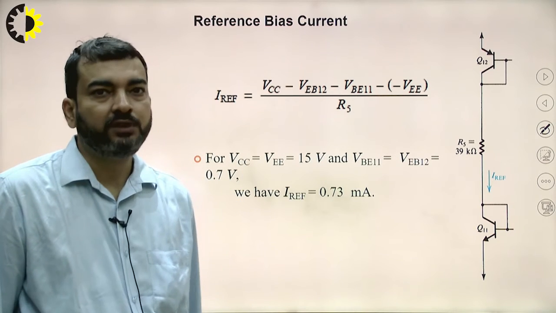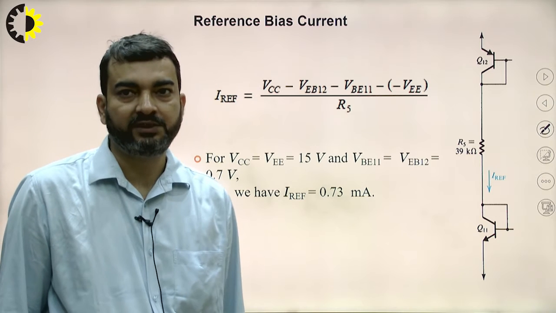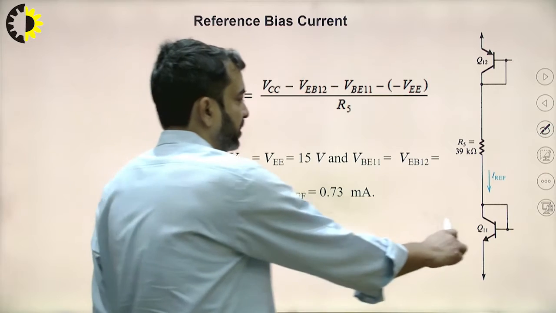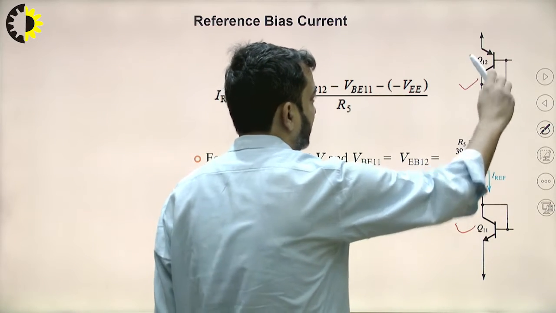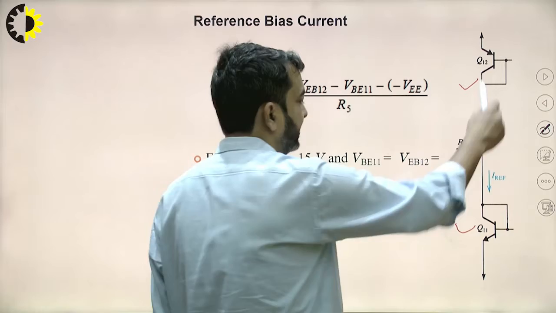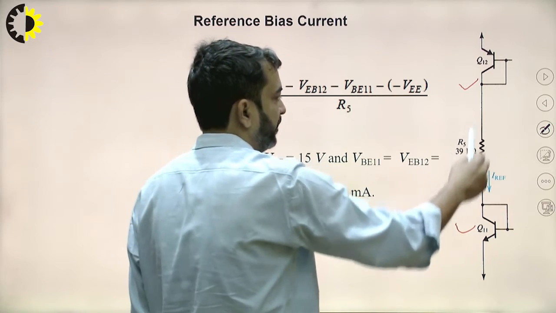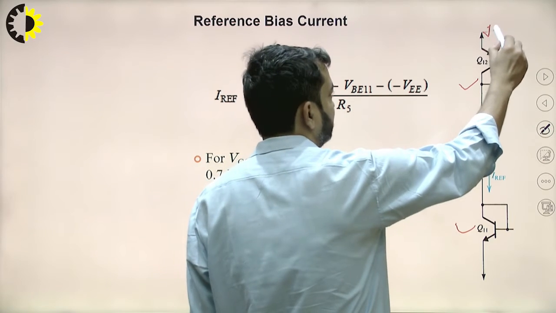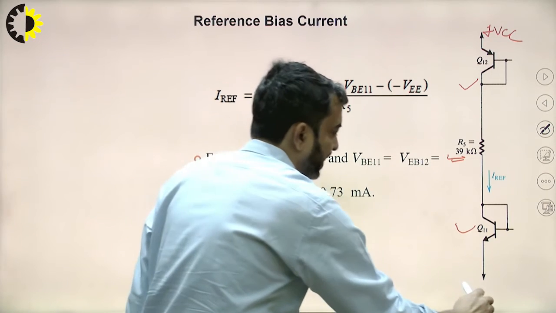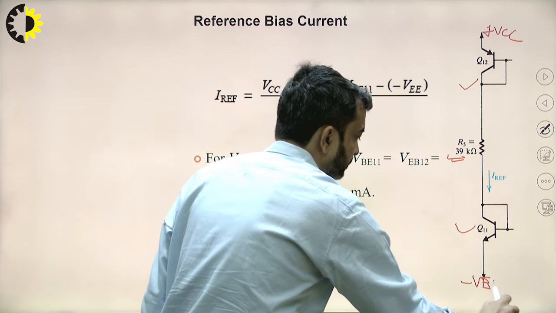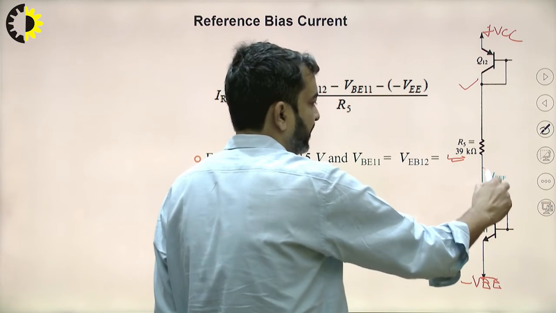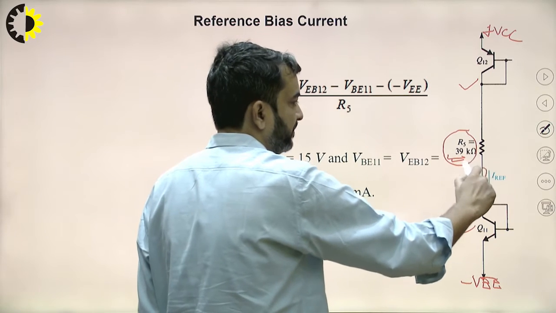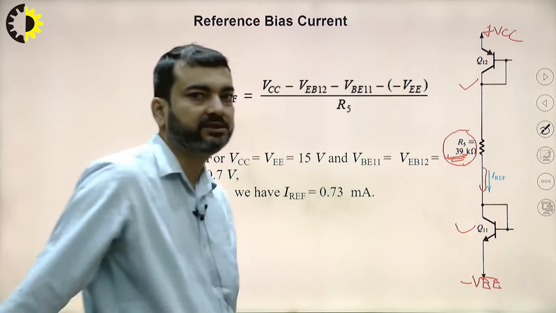Now coming to the reference current, which is generated by the transistor pair Q11 and Q12 using resistor R5. Here we have plus VCC and minus VEE. The reference current will be nothing but the drop across resistance R5 divided by the resistance value.